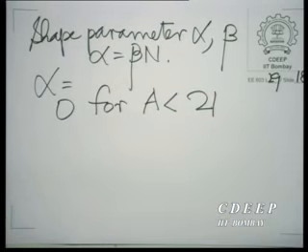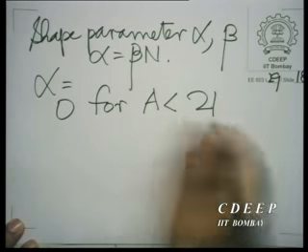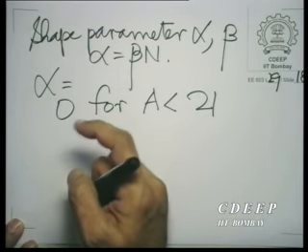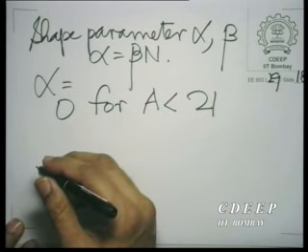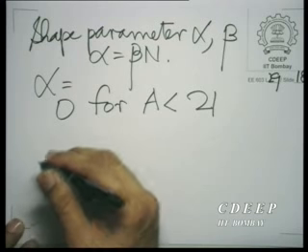So you notice that the choice of alpha is governed essentially only by the pass band tolerance or stop band tolerance, and that is to be expected because alpha, which is beta times n, the shape parameter, having chosen the length, then the choice of shape parameter has only to do with the tolerance. What this means is that as long as A is less than 21, you could as well do with a rectangular window. Because beta equal to 0 or alpha equal to 0 essentially implies a rectangular window.